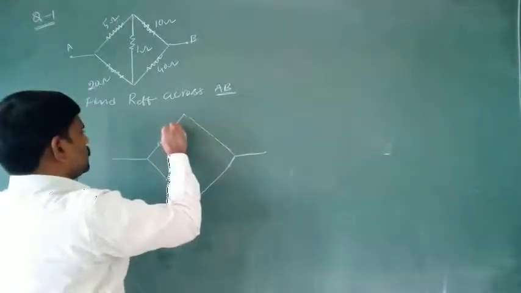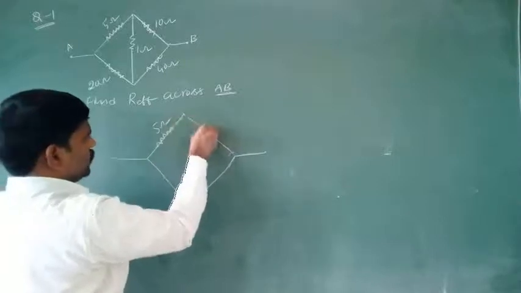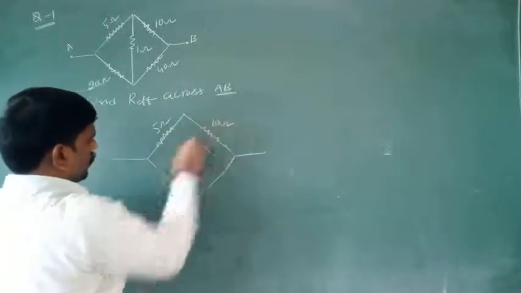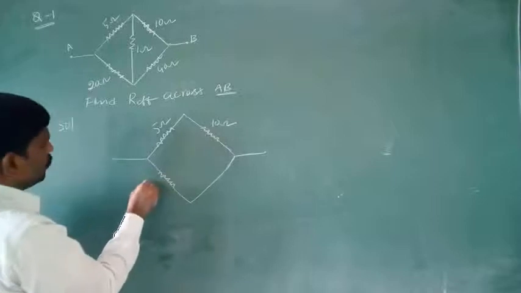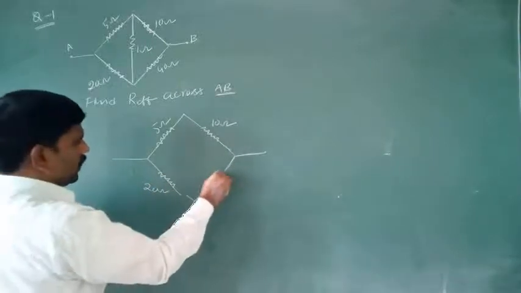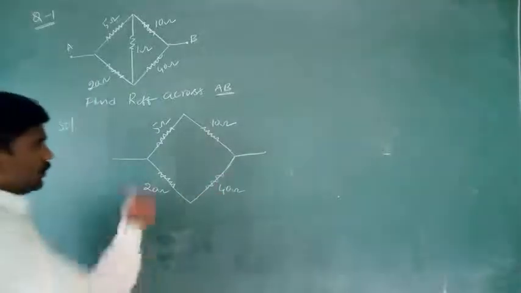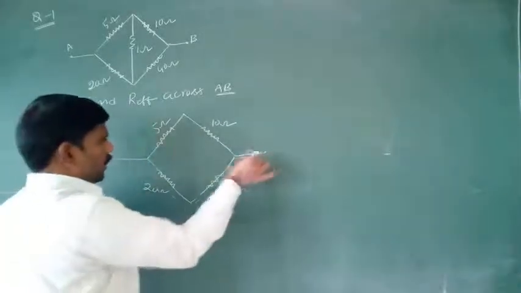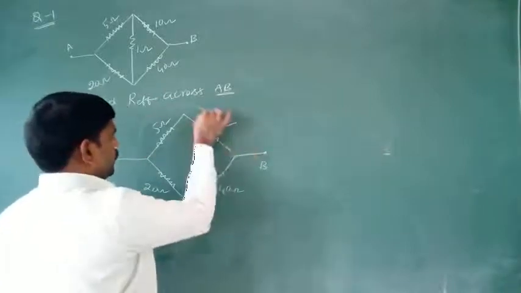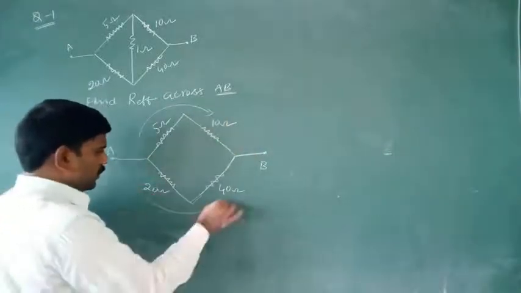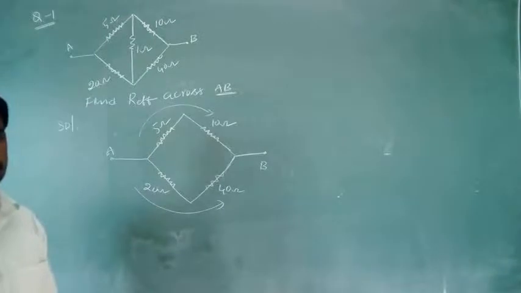Here this one is the 5 ohms resistor, this is the 10 ohms, this is the 20 ohms resistor and this one is the 40 ohms resistor. Observe, this is the point A and this is the point B. Right now these two are in series and these two are also in series.